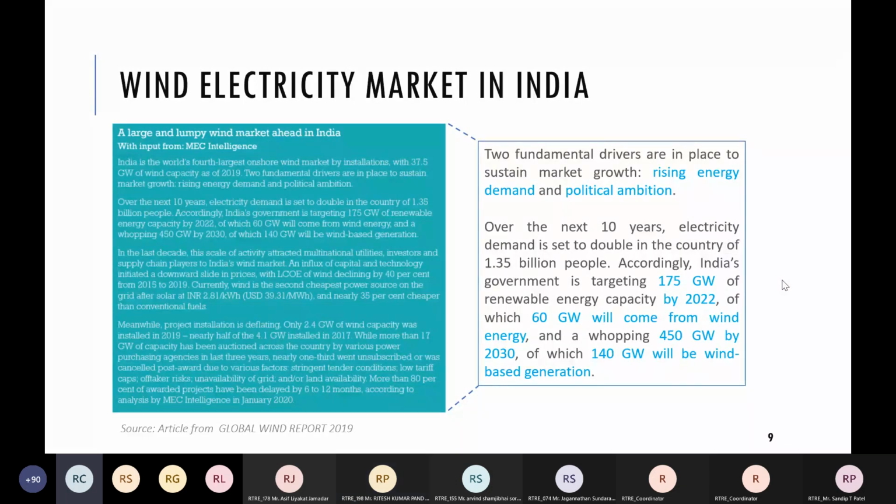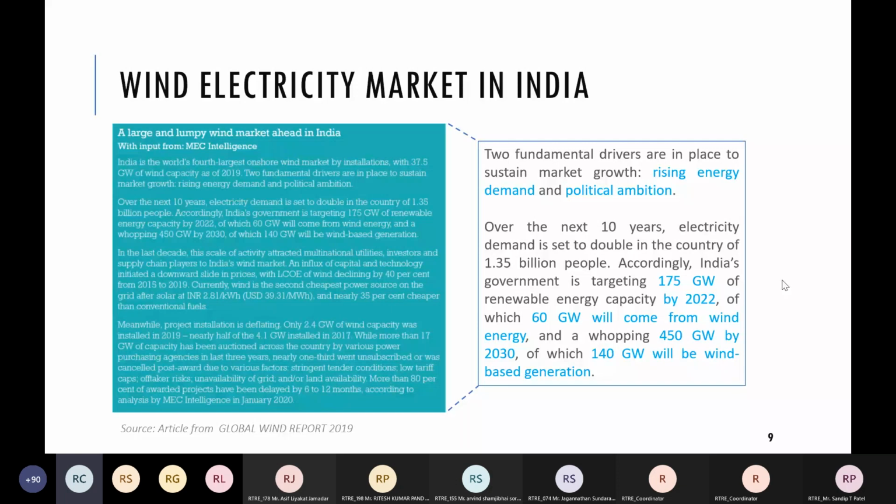So by 2022, 175 gigawatt of total energy is targeted by the government, out of which 60 gigawatt is to come from wind.